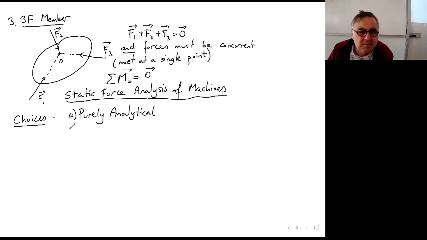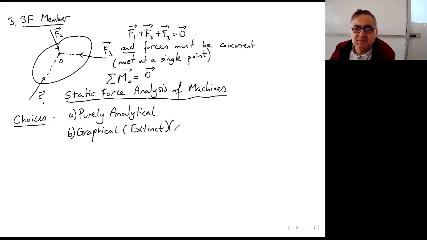Okay. I'll explain this. Graphical methods are kind of extinct now. Extinct means they are not that much used any longer. You know, you have to draw things and so on. To a certain extent, they are used, but not much.